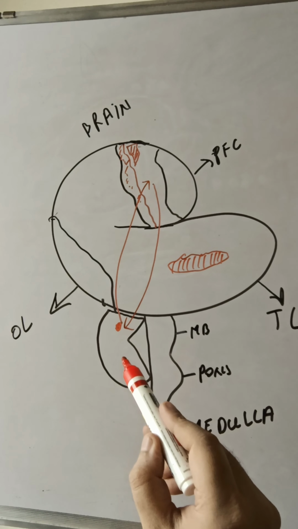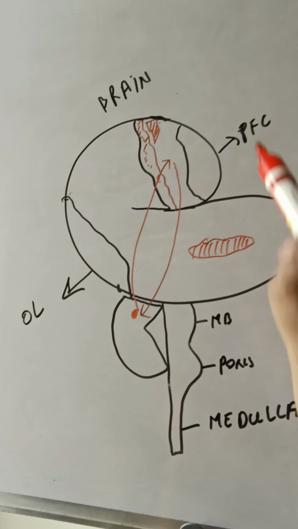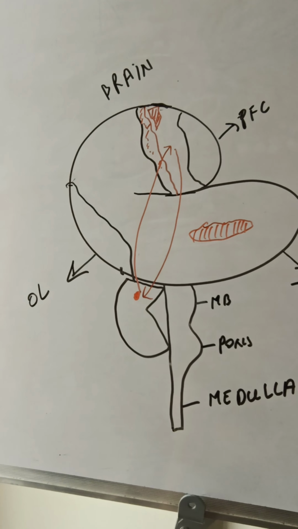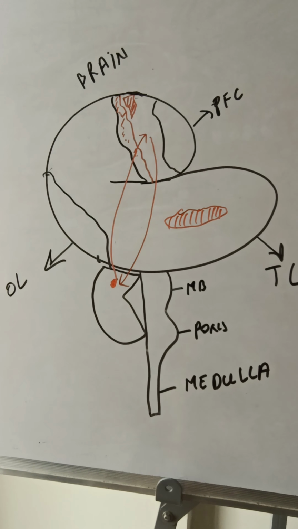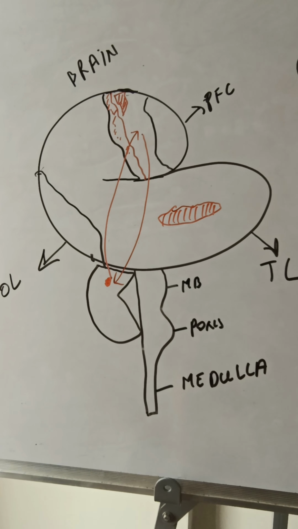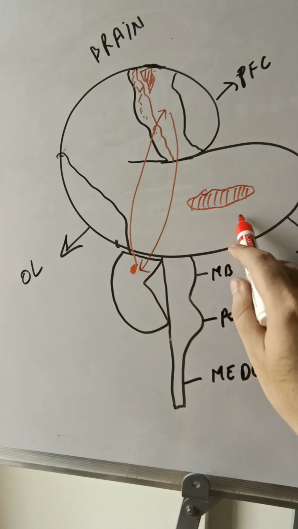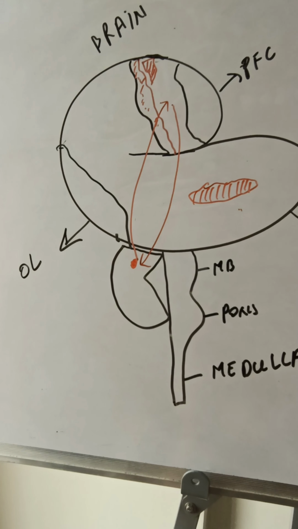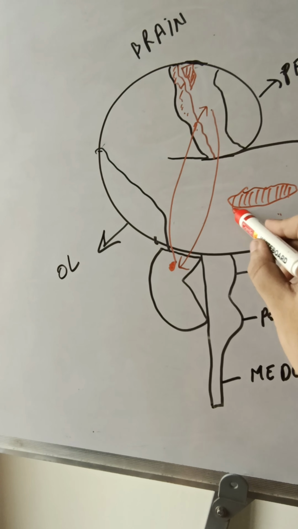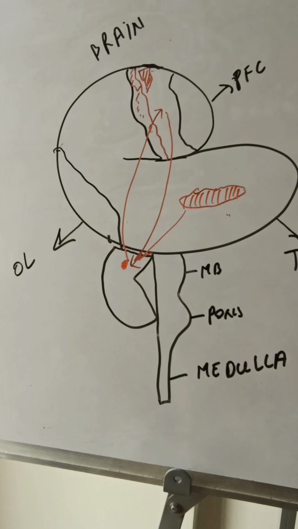Now, when we talk about communication between the cerebellum and the prefrontal cortex, or the cerebellum with the frontal lobe, there is a significant amount of communication happening with the help of the temporal lobe. Now, what is the role of the temporal lobe? Let's say you hear something, it goes inside, and part of the information goes to the cerebellum.